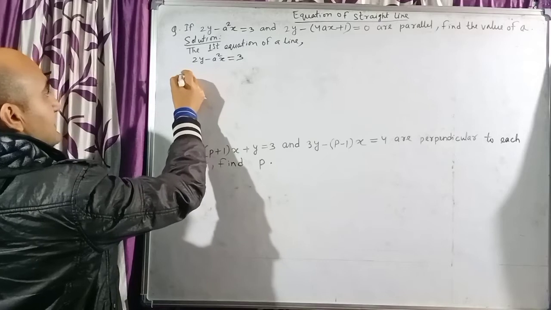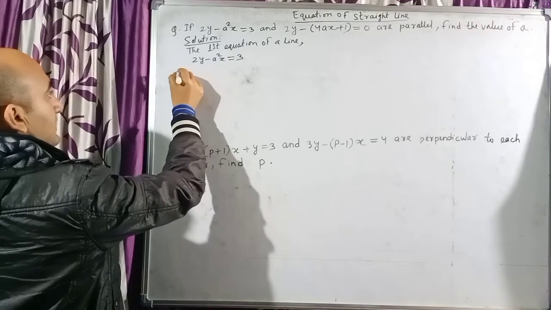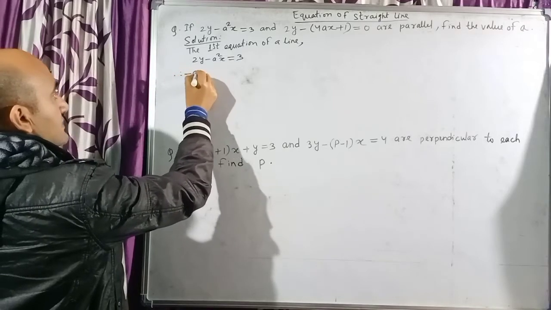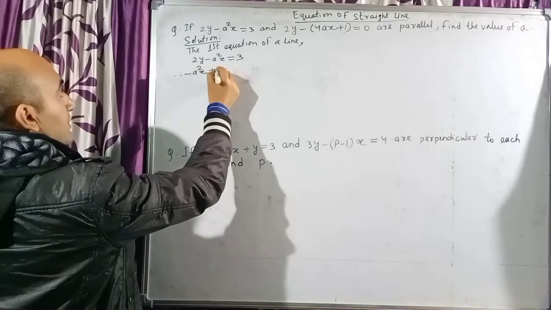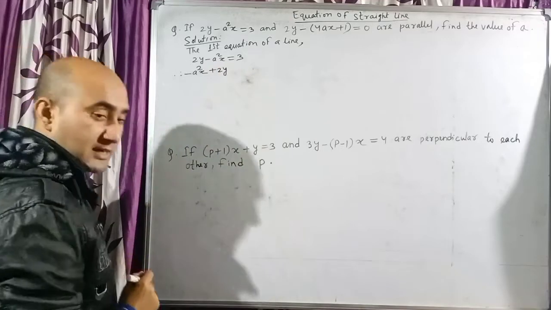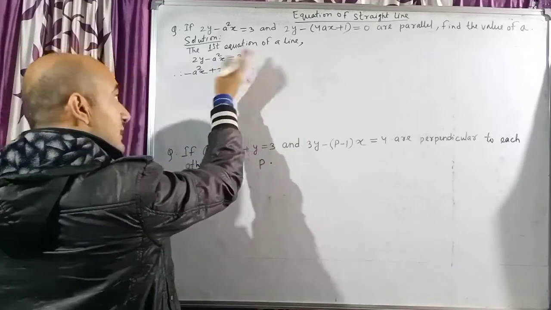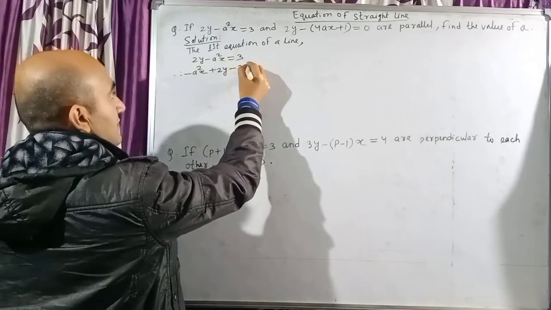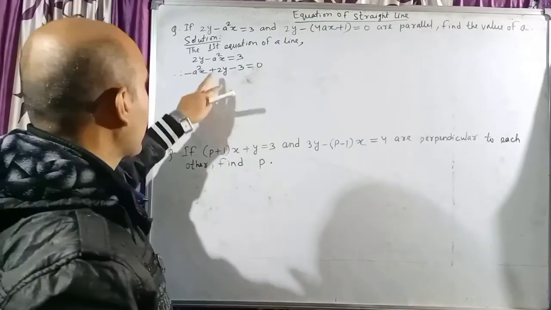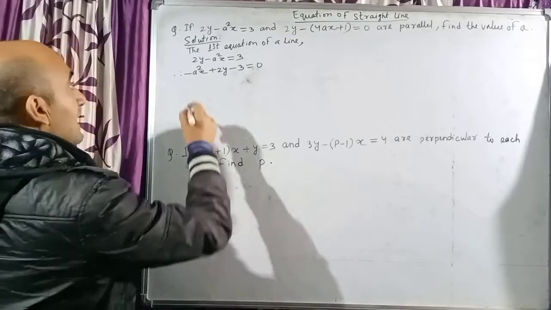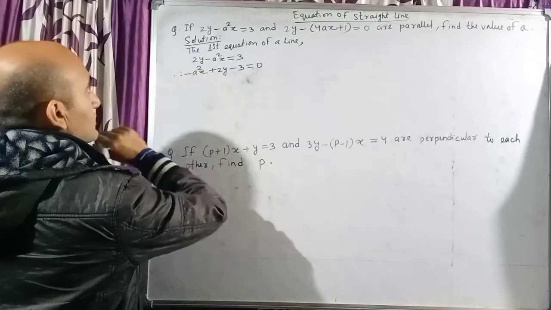Okay children, arrange it. Therefore minus a square x first position, plus 2y second position. 3 comes here and becomes minus 3 and equal to 0. It's a perfect equation of a straight line.